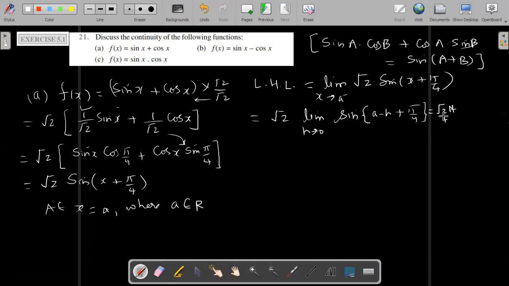With h tending to 0, sin(a + h), sin(a + π/4 − h), like this.